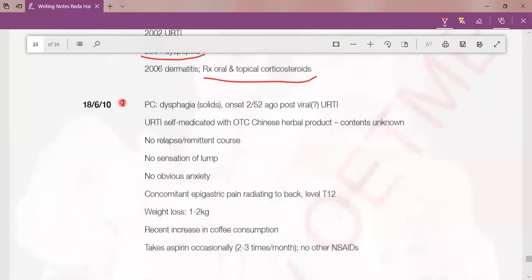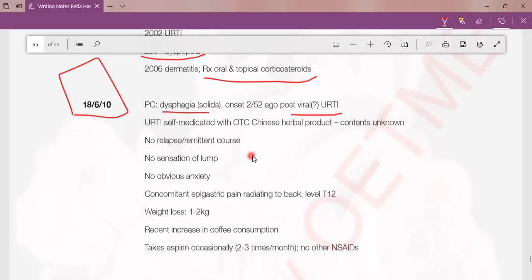So this date, 18th of June 2010, she has dysphagia to solids, onset 2 weeks ago, maybe post-viral, maybe upper respiratory tract infection, self-limiting or self-medicated with OTC herbal product, not important.